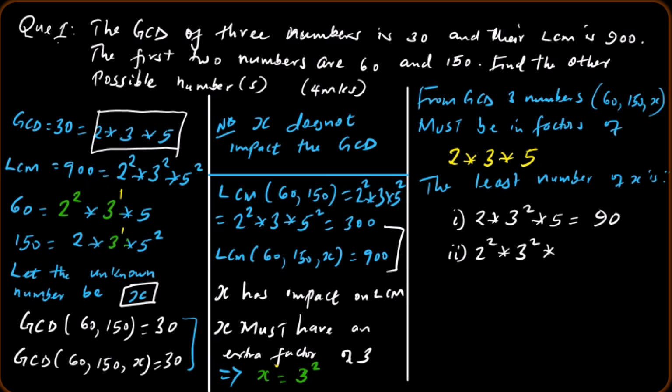Then times 5 here, which is 3 times 3 power 2 is 9 times 5 is 45 times 4, because 2 squared is 4, is 180. Therefore we have second number as 180 there.